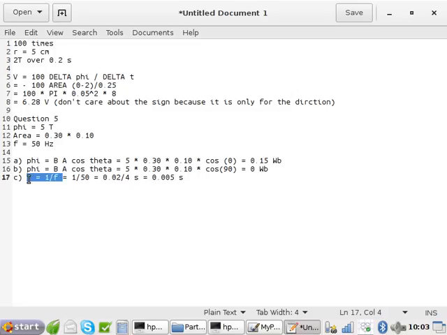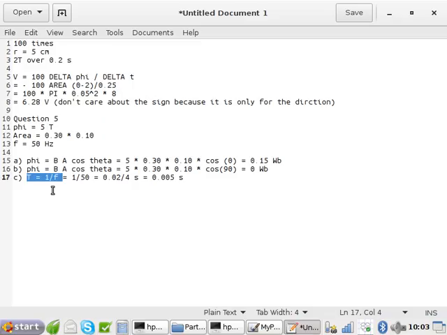I use this formula, but I need to divide by 4. No, this formula. You know this one? Yes? Okay, what's the next part, Andy?